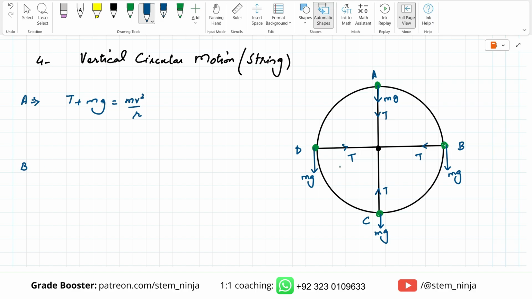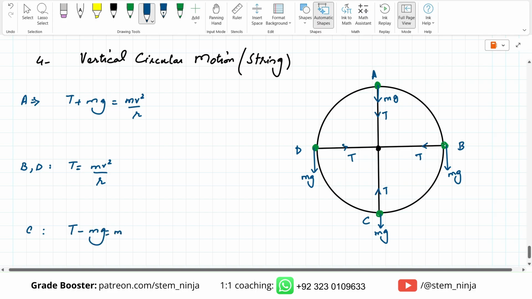At B and D, you have a similar situation where T is the only contributing factor to our centripetal force. C, on the other hand, it's T minus mg that is equal to mv squared over r.